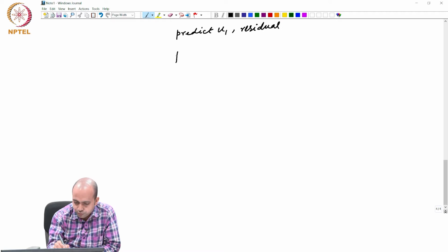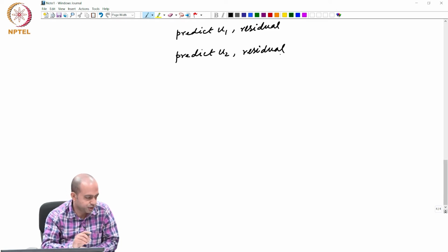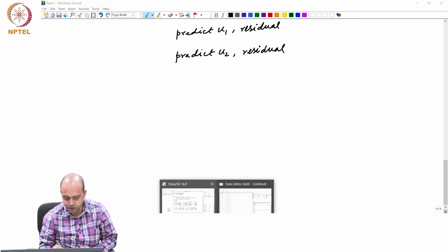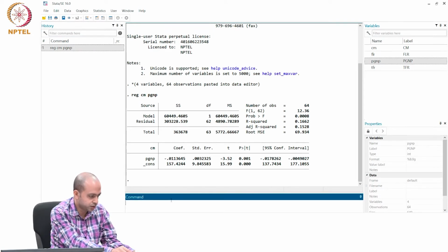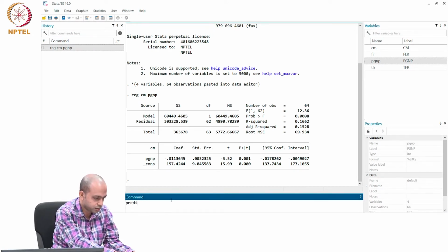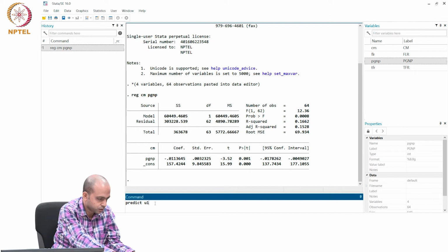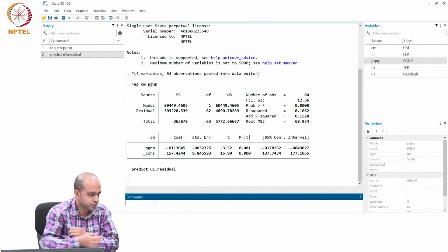Similarly, for U2, predict U2, comma, residual. This is the command. So, now we will put this command here: predict U1, comma, residual.